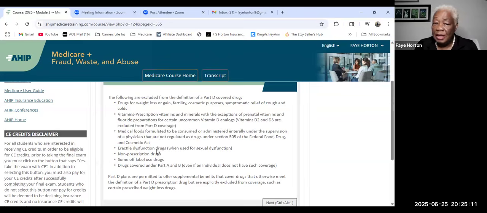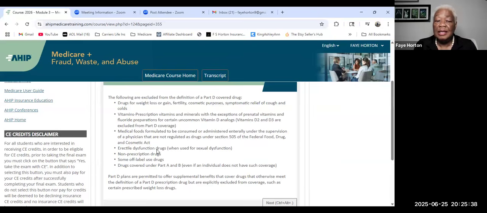It does not cover medical foods formulated to be consumed or administered enterally under the supervision of a physician that are not regulated as drugs under Section 505 of the Food, Drug, and Cosmetic Act. It does not cover erectile dysfunction drugs when they're used for sexual dysfunction.